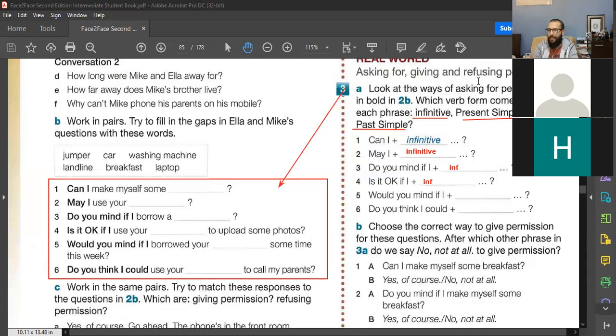It's still the same, yeah. Do we say, do you mind if he used your phone, or do you mind if he uses your phone? Okay, Hajar thinks it's infinitive. What do you think, Sana?